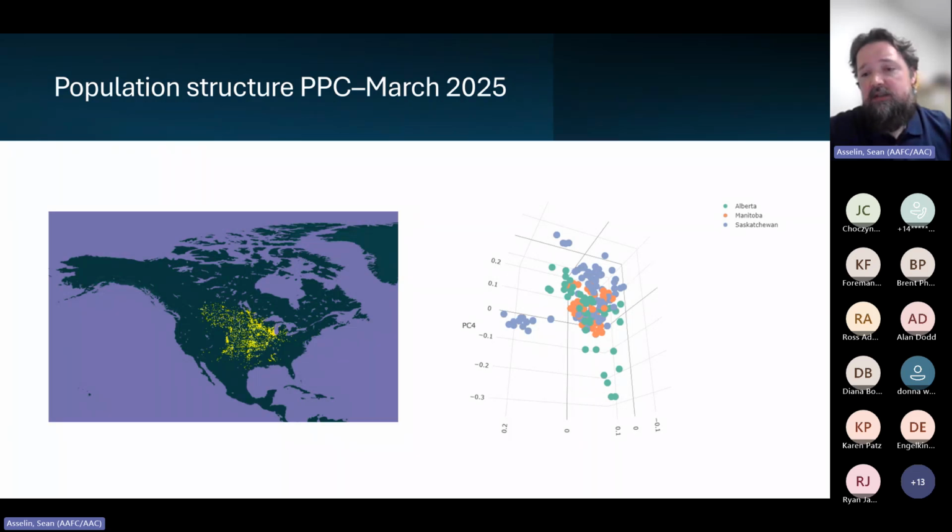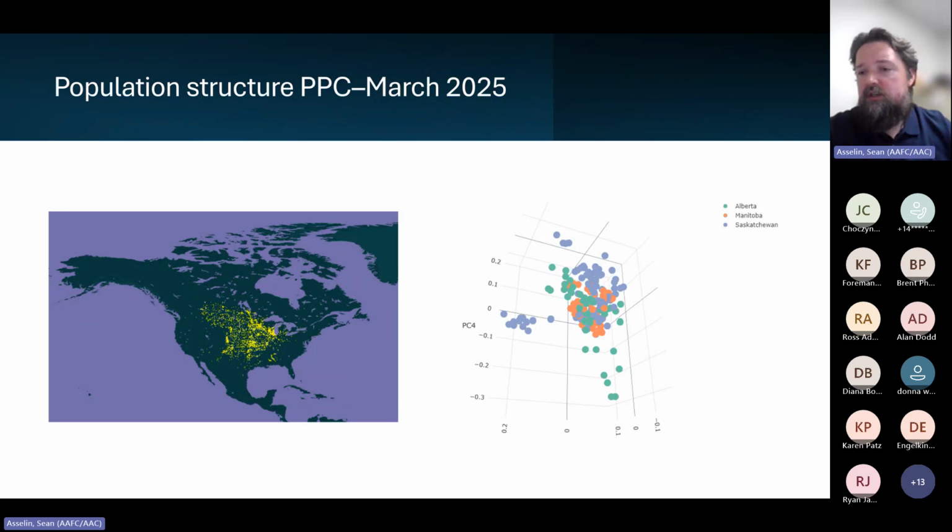And our initial analysis is showing that we do have kind of a central group of populations that are very closely related, which would suggest they're individual populations. But we also have some regions in Alberta and Saskatchewan that are showing up as outliers, which suggests genetic differentiation. And we don't quite know yet if that's associated with ecoregion or other environmental variables.